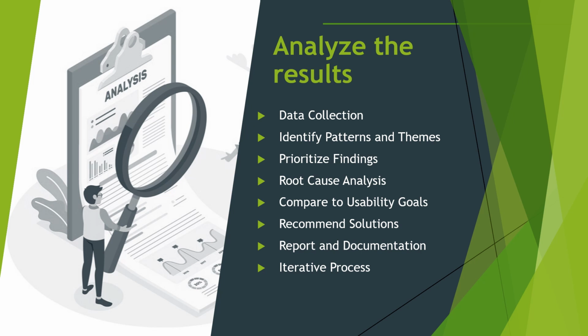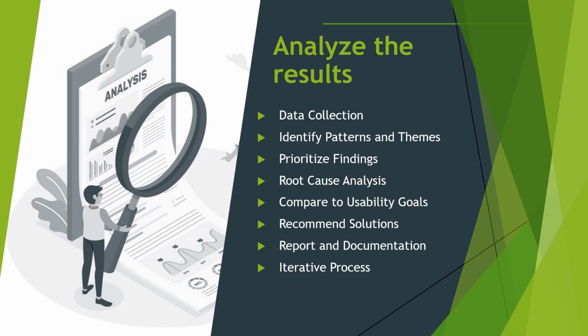Then you want to classify the identified issues based on their severity and their frequency. Some issues might be more critical or they may occur frequently, indicating a more significant impact on the user experience. Then you try to understand the root cause of reoccurring issues.